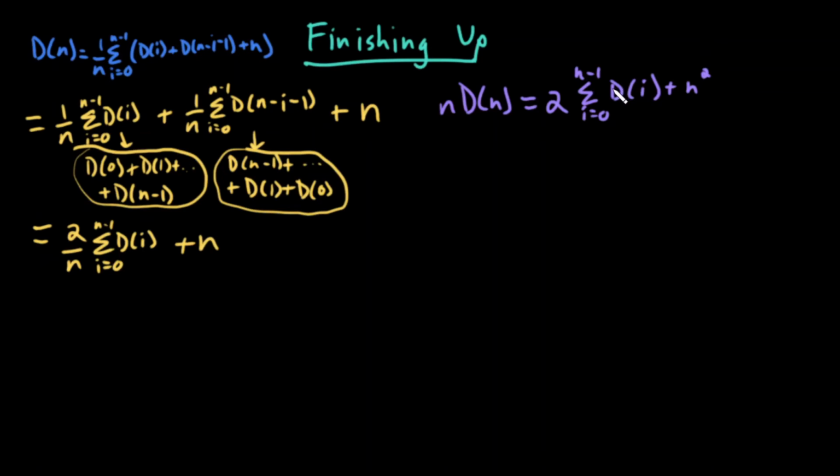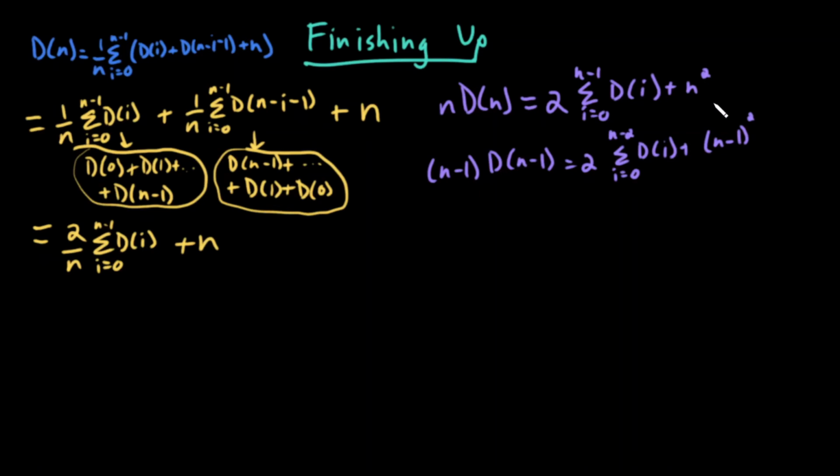Then I could substitute n minus 1 for n. I would get n minus 1 times d of n minus 1 equals 2 times the sum from i equals 0 to n minus 2 of d of i plus n minus 1 squared.